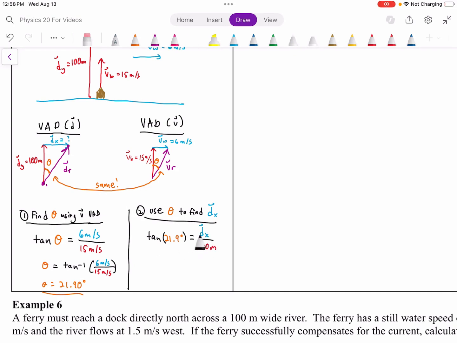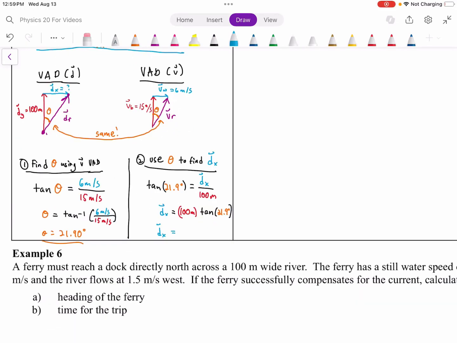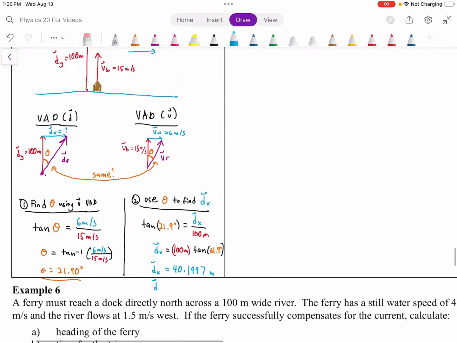Now, the only thing we don't know here is dx, so it's a solvable equation, right? Tan of 21.9 degrees, that's just a number. You can put it in your calculator. So dx is being divided by 100 meters. If we multiply both sides by 100 meters, we can solve for it. So doing that, I got that dx is 40.1997 meters, okay? Or two significant digits, that would be 40 meters.